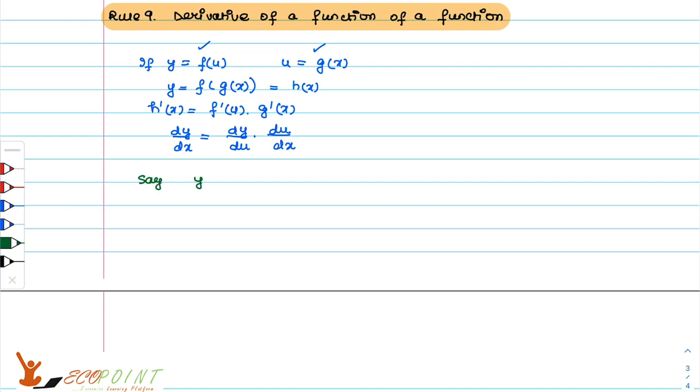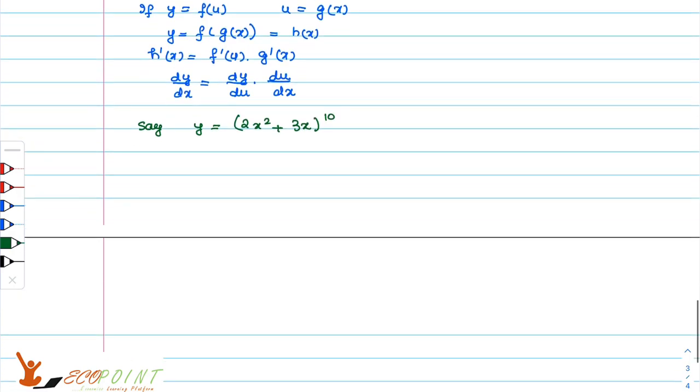Say y is equal to 2x square plus 3x plus 10. So I can write, say, u is equal to 2x square plus 3x. So y is equal to nothing but u to the power 10, and u is nothing but 2x square plus 3x.